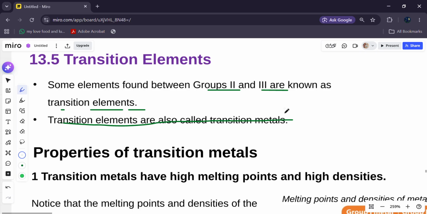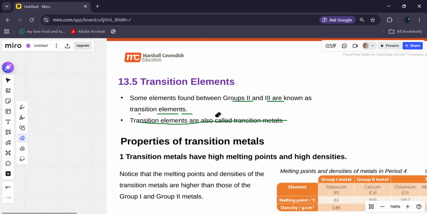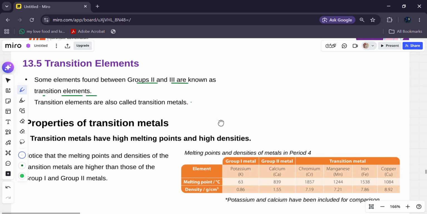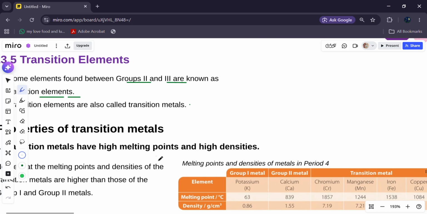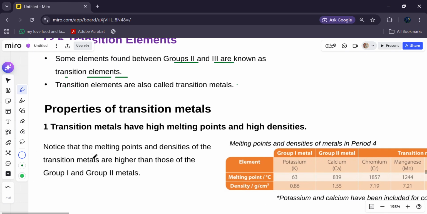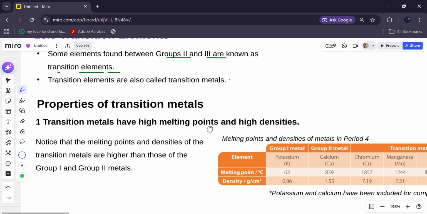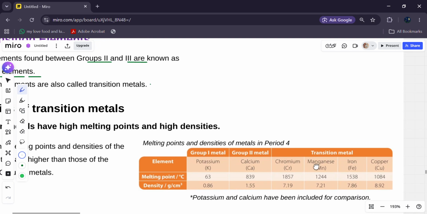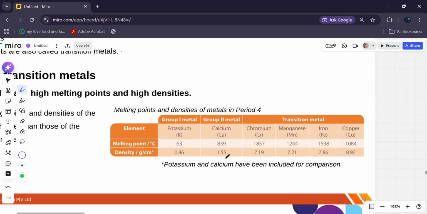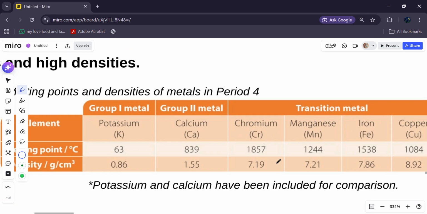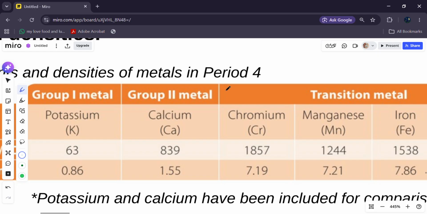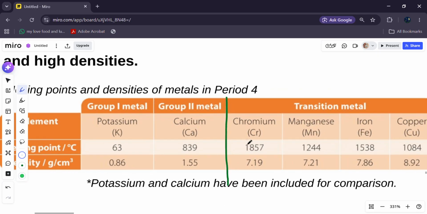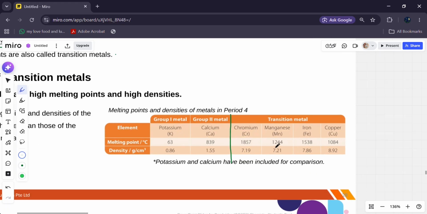So now we're going to learn about the properties of transition metals. Transition metals have high melting points and high density. Notice that the melting point and density of the transition metals are higher than those of group 1 and group 2. They have high melting and boiling points. These include chromium and manganese, which have different melting points.